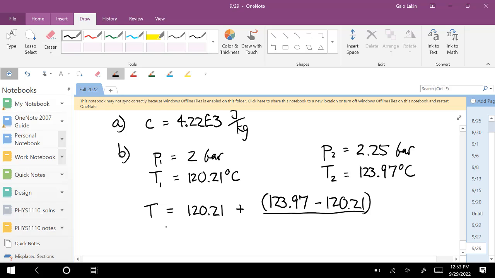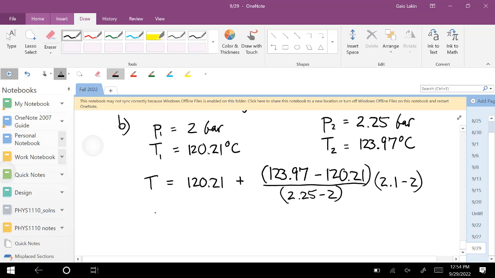So I can do this in bar or megapascals or whatever. I'm just going to write this as 2.25 minus 2. And then we want 2.1 bar, so I'll write that as 2.1 minus 2. And you get a saturation temperature of 121.7 degrees Celsius.